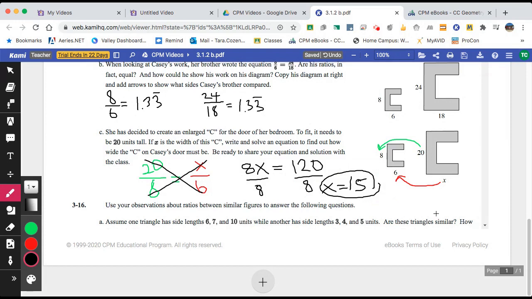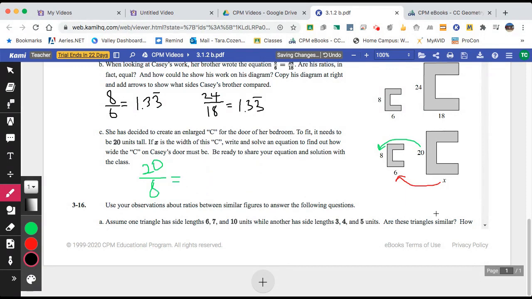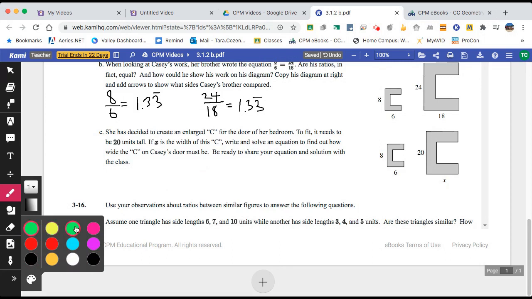Okay, so now I'm going to erase everything and I'll set up the ratios the other way. Green again.